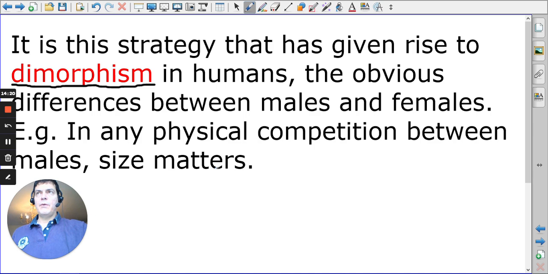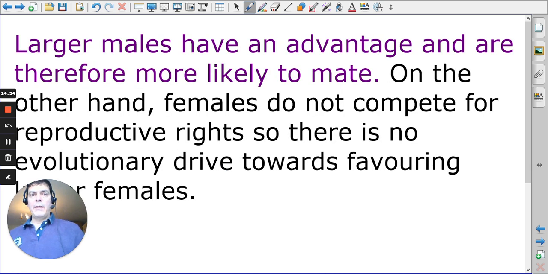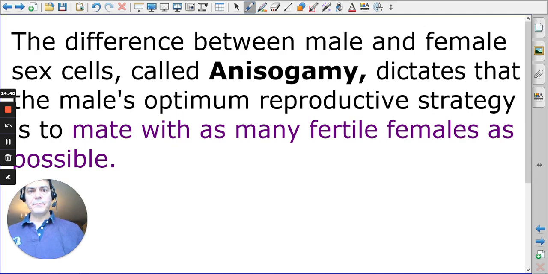Women, for example, might have breast size exaggerated in terms of an understanding that they can feed their babies, and having that curvy shape and things like that. So larger males have an advantage. This is not an advantage for females, so therefore it doesn't happen.